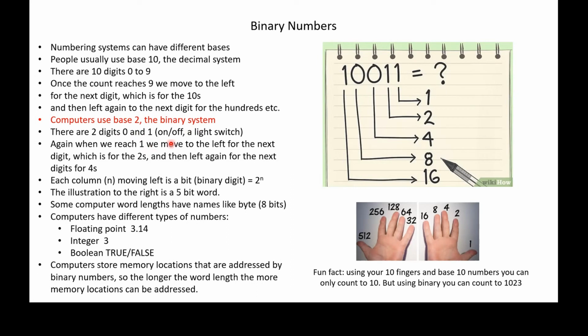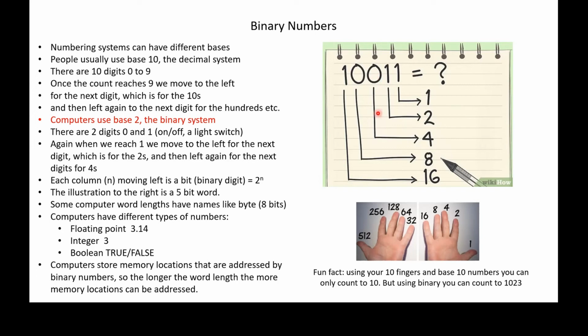So we start counting. We are at 0. We count 1. If we want to count 2, we have to move to the left, which is for the 2s, left again, etc., for the 4s. And as we show here, this gives us 1. This would give us 2. If we had 1, 1, we would be counting 3.